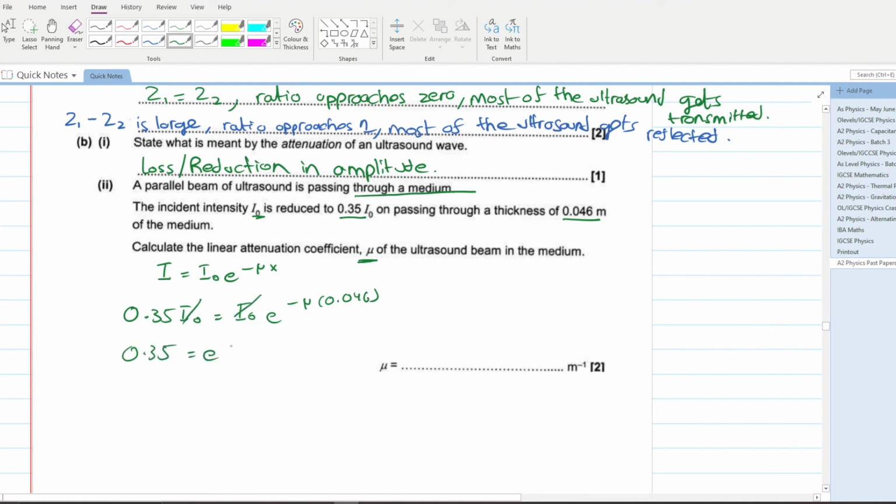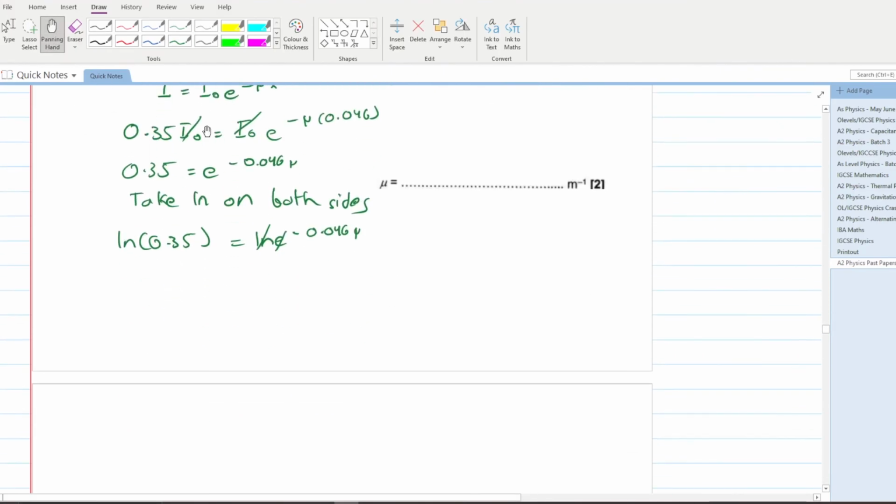0.35 is equal to e to the power minus 0.046 mu. Now take ln on both sides. ln 0.35 is equal to ln e to the power minus 0.046 mu. ln e gets cancelled out. Your answer for mu is ln 0.35 divided by minus 0.046.